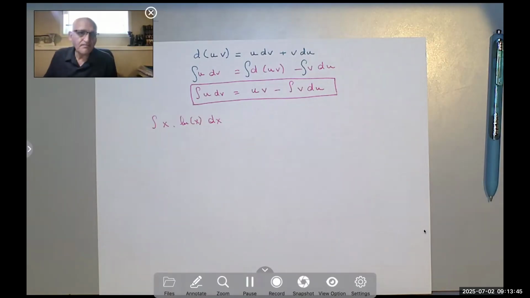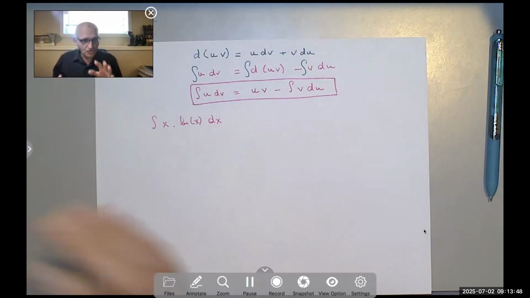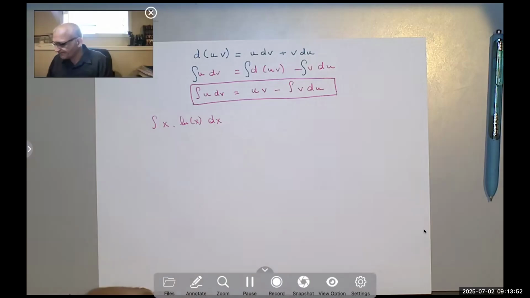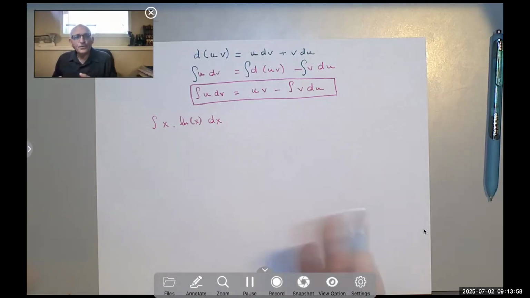It's very easy. Not always, but most of the time. And if it's not easy, I will tell you how we can circumvent that. So if I have an integral like that, look at both and see which one is easier to integrate and which one is easier to differentiate.